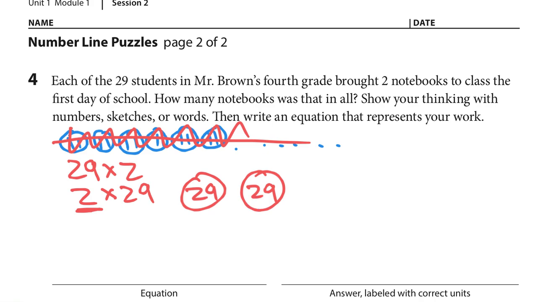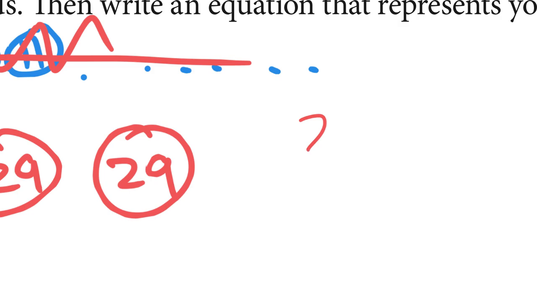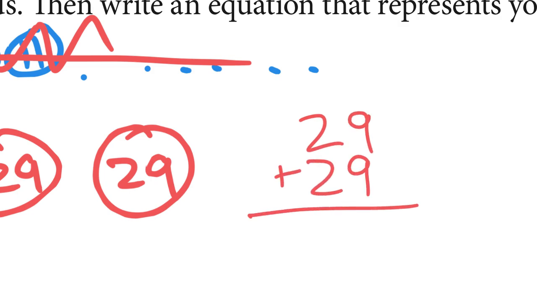And then I would highly suggest you stack and solve 29 plus 29, using your standard algorithm for multi-digit addition, where you start with the 9s on the right and add them together. 9 plus 9 is 18. I have to make sure that I carry the 1, so that 1 gets up top here.